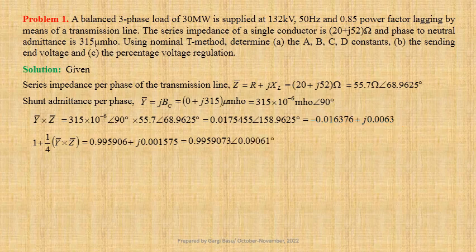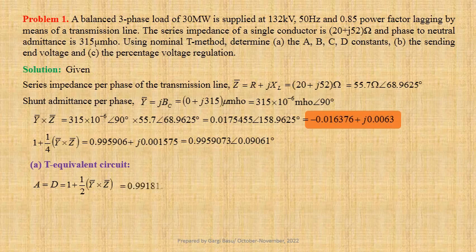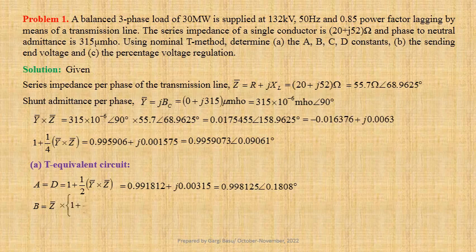For nominal T equivalent circuit, A equals D equals 1 plus half of YZ, that is equal to 0.991812 plus j0.00315. This may be written in polar form as 0.998125 at an angle 0.1808 degree. B equals Z into 1 plus 1/4 of YZ.